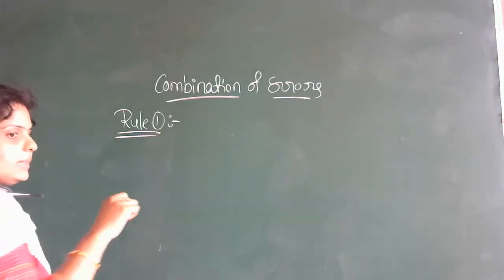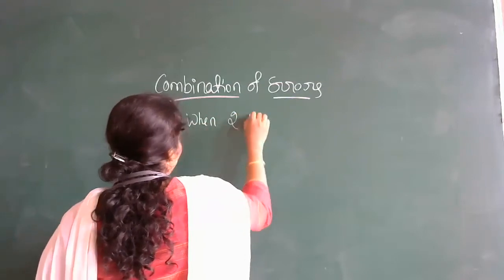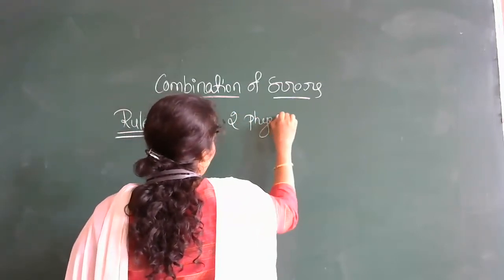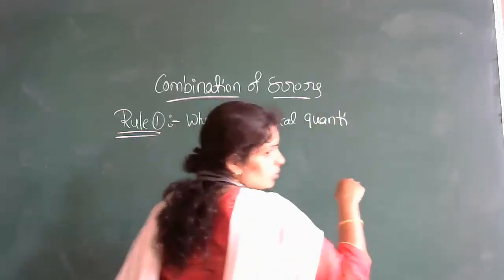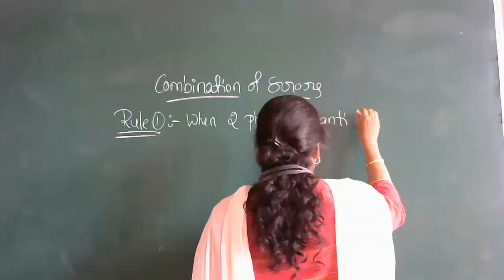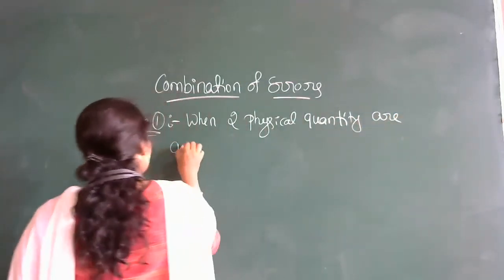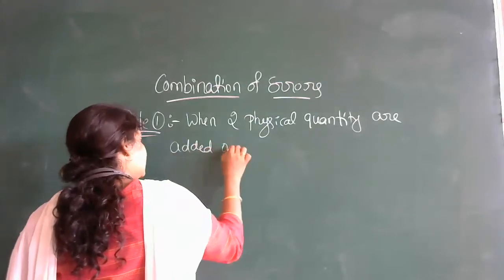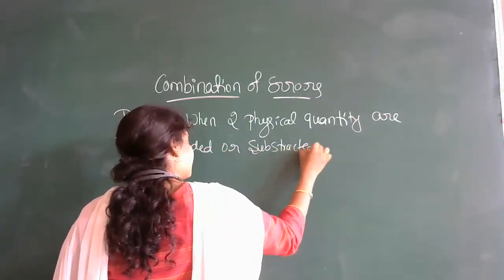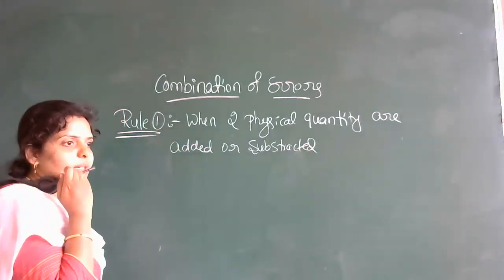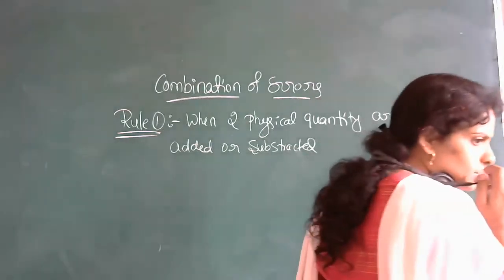Rule 1 is, when two physical quantities are added or subtracted, here what happens?